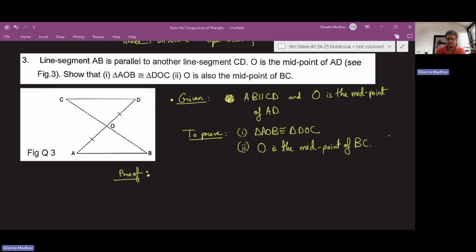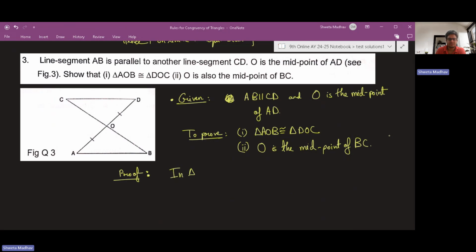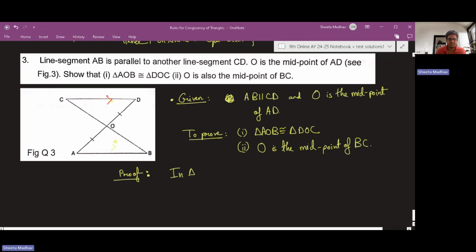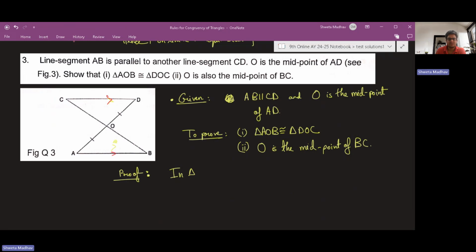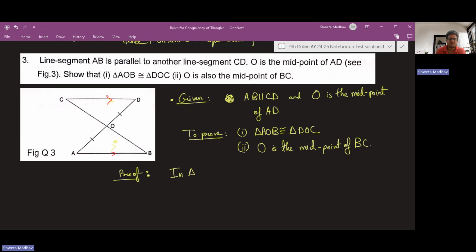Okay, so the proof will be that in the triangles, AB is parallel to CD, it has been told, and O is the midpoint. So OD equals OA. And since these two lines are parallel, the alternate interior angles will be equal.